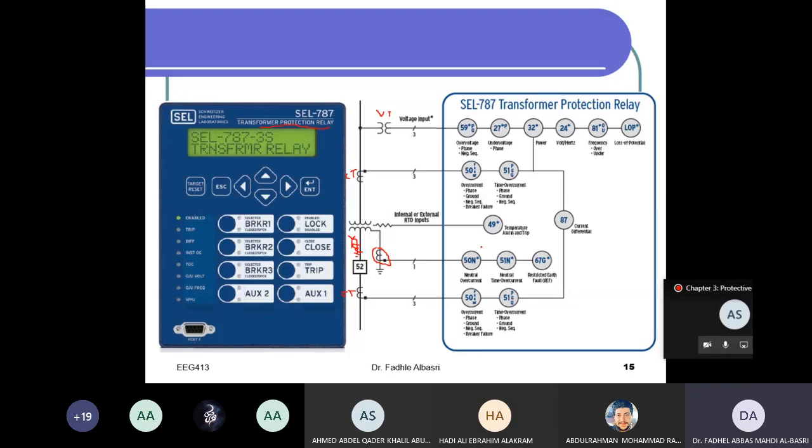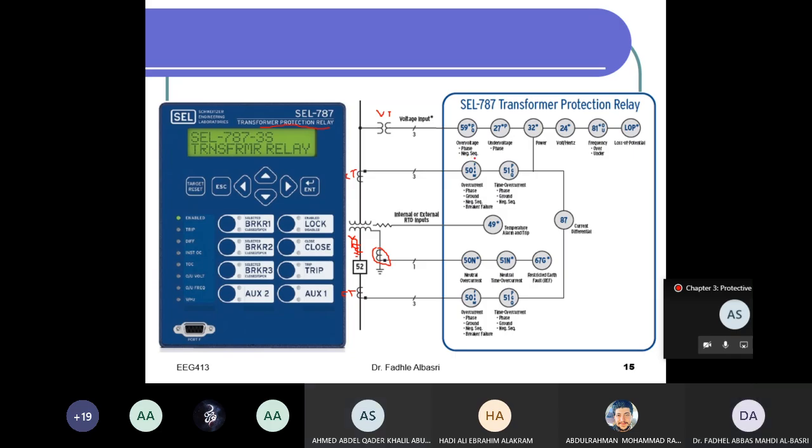If I don't have this CT, I will disable these functions. If I have no temperature measurement of the winding, I will disable this function. So as you can see, all these functions are available in the relay, but you can activate them if you have the proper inputs. So they are built to accept so many functions for transformer protection.